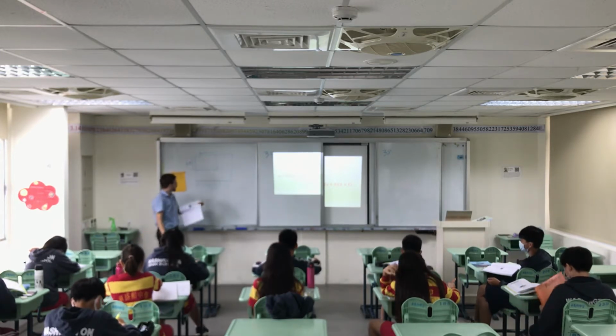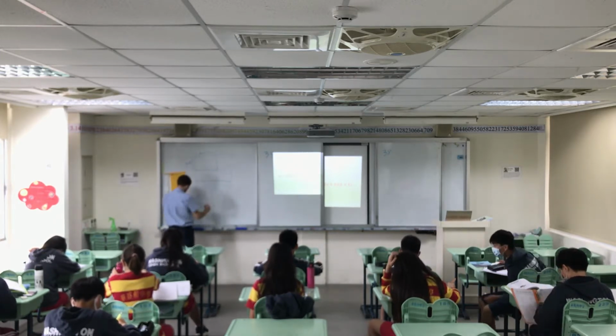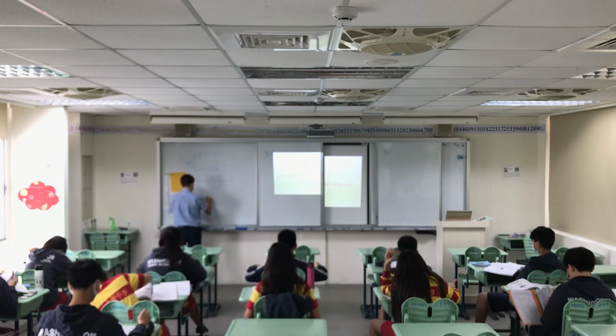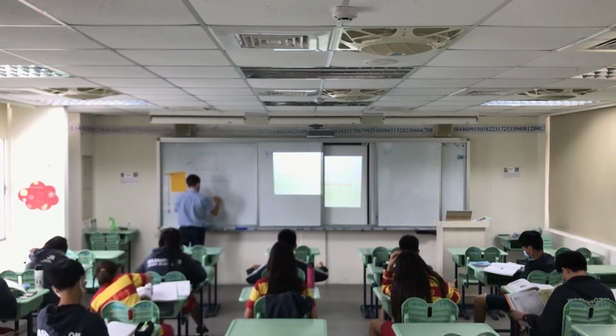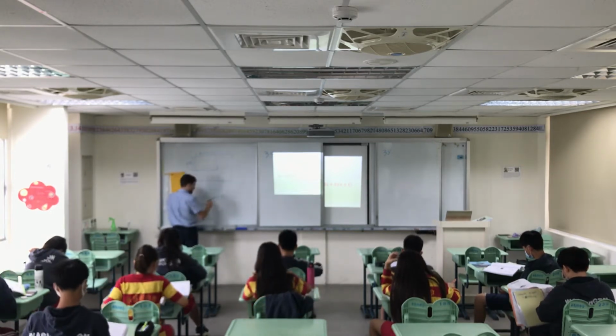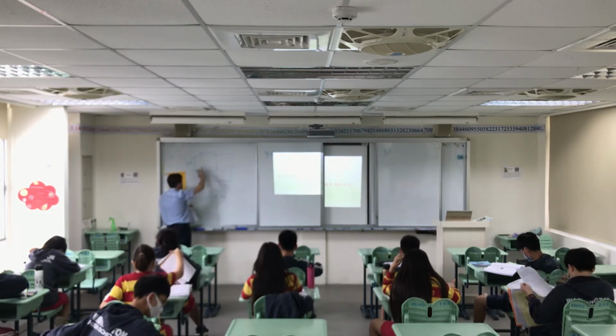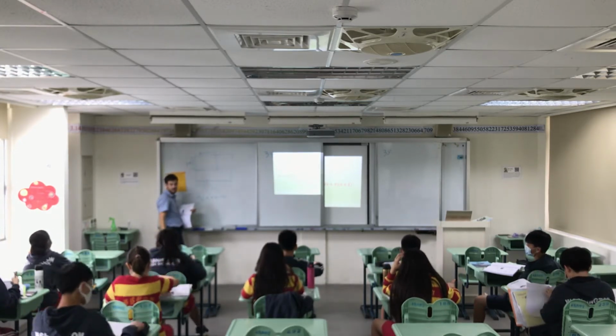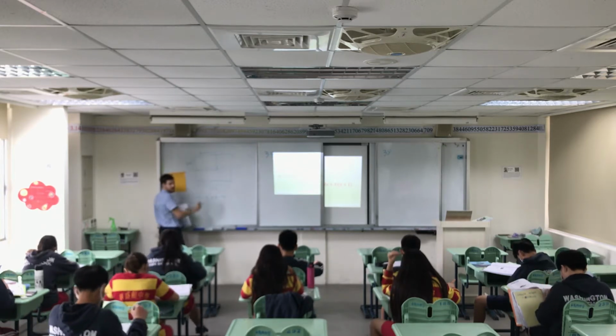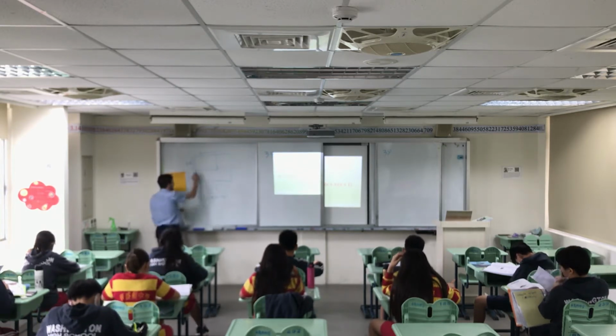Okay? So the whole area is, if the area is x squared plus x minus 30, right? And that is x plus 6 times something, right? We don't know what this from here to here is. We don't know how long that is.